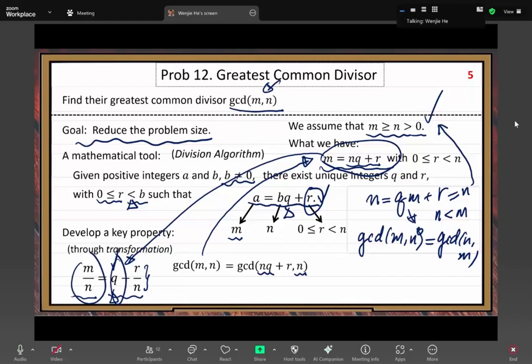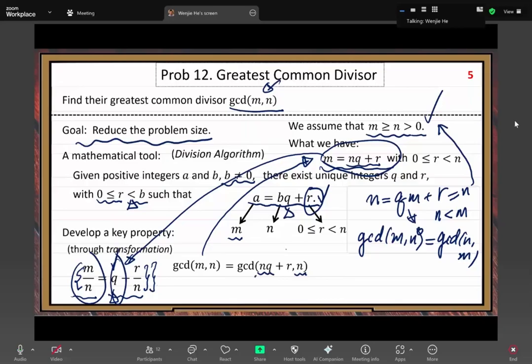So based on this observation, you can see the common divisor between m and n is the same as the common divisor between r and n, right? That observation, okay? So based on that key observation, now we can do simplification.